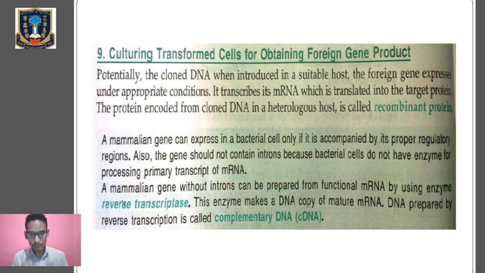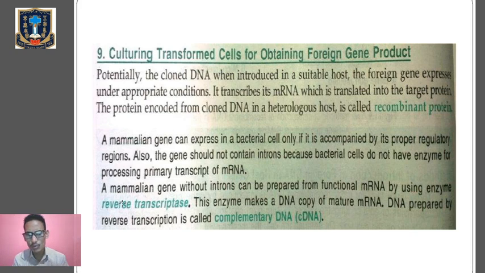So in this part, the recombinant DNA which has been formed in abundance, in higher number within the host cells, has been extracted, analyzed and purified. Now that recombinant DNA will be utilized to obtain the desirable product. Whatever the product we want to make, we can obtain it by using that recombinant DNA.